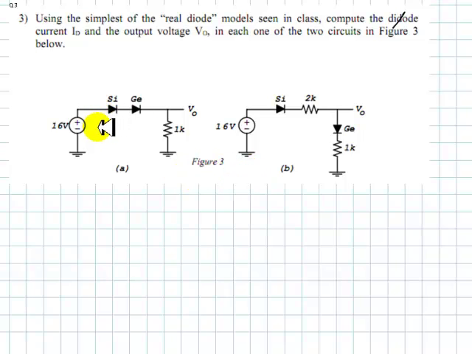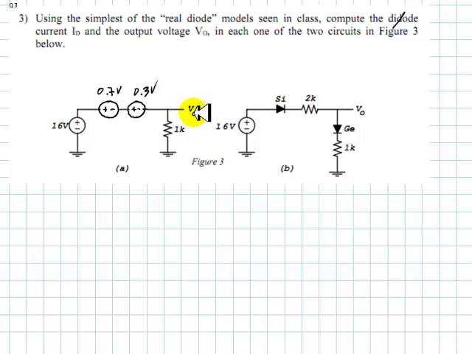Well, I'm going to assume that both diodes are conducting. Here plus 16 looks like that, and the same is true here. If they're conducting, the simplest of the real diode models is the V source. So 0.7 volts for the silicon one and 0.3 volts for the germanium one.